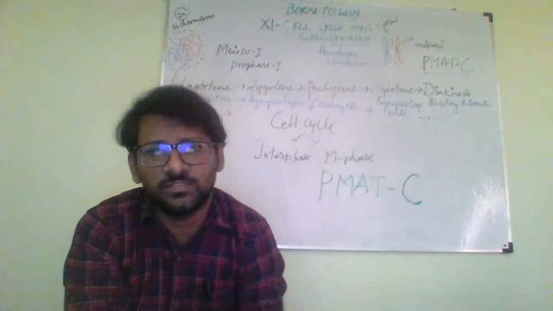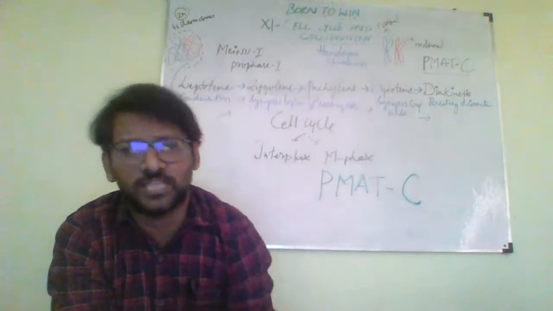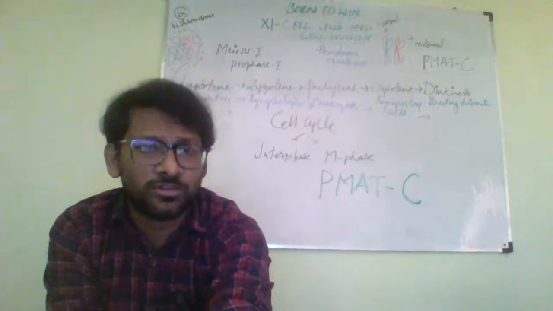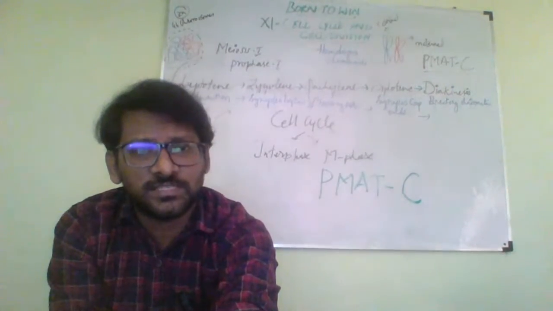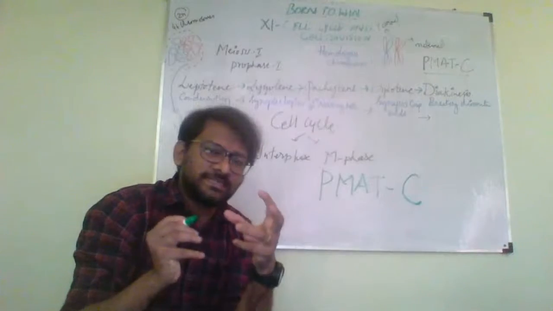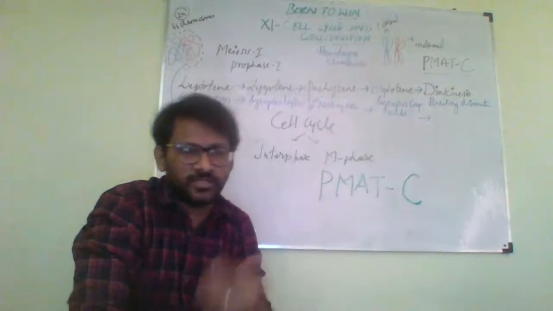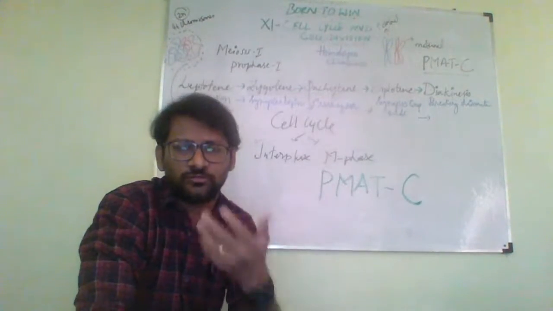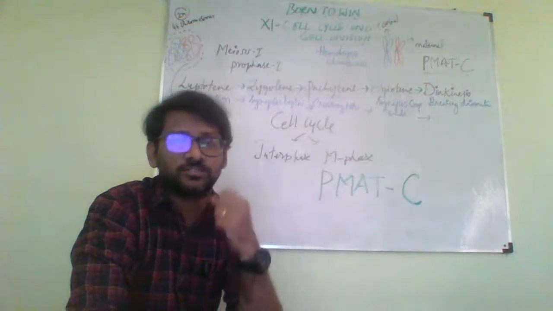Interphase is divided into G1, S and G2 phases. So what is this interphase? If you see this cell cycle, most of the cell's time is spent here. If you take the eukaryotic cell, it almost takes 24 to 48 hours for the cell to divide.